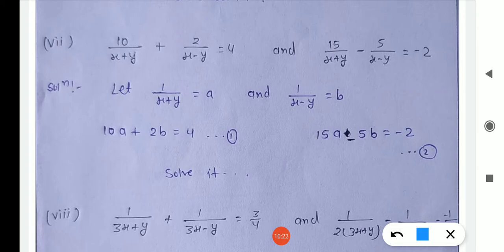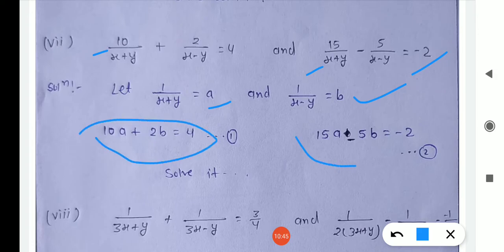I convert into simple linear form. So 10 upon x plus y plus 2 upon x minus y equals 4 and 15 upon x plus y minus 5 upon x minus y equals minus 2. So we let 1 upon x plus y equal a and 1 upon x minus y equal b. So our equations become 10a plus 2b equals 4 and 15a minus 5b equals minus 2.